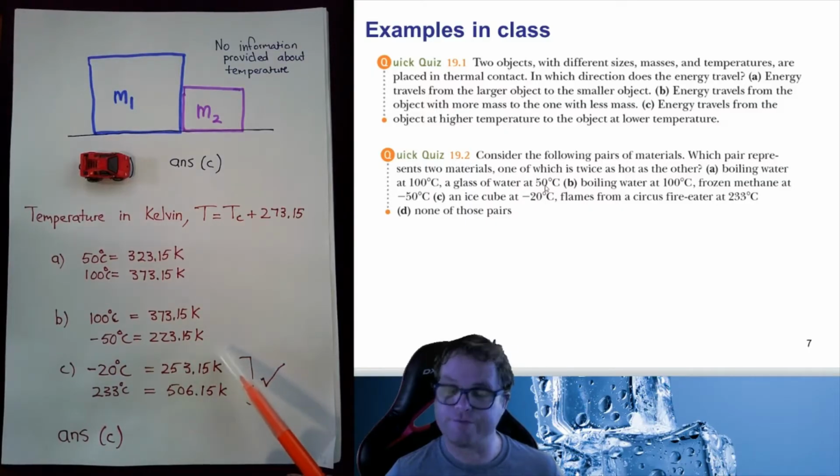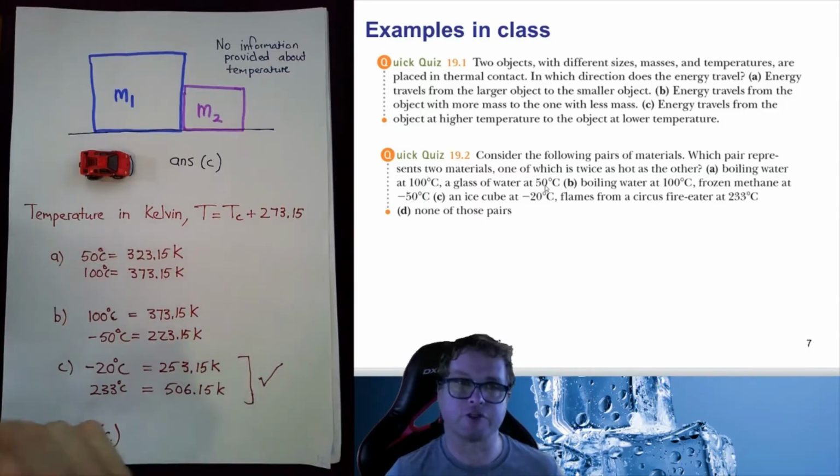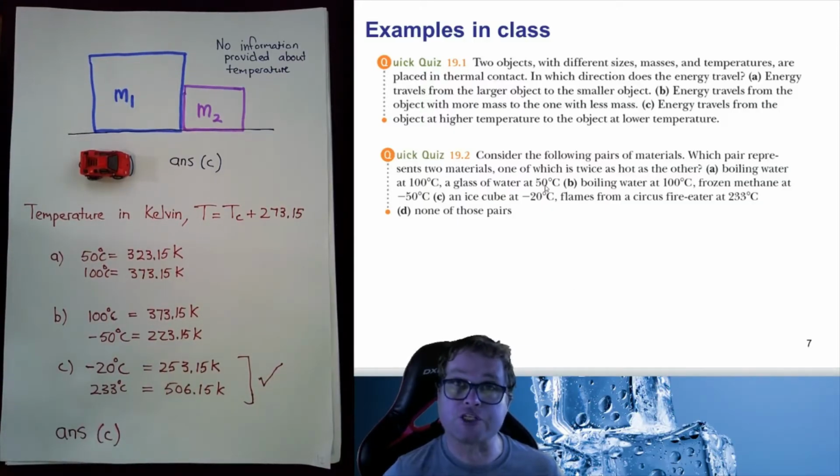If you take 253.15 and you multiply it by 2, then you get more or less 506.15. It's more or less a factor of 2. So the answer is C. So the important point for this question is that we need to work with the temperature in the SI units of Kelvin and not in degrees Celsius, and then make the comparison.